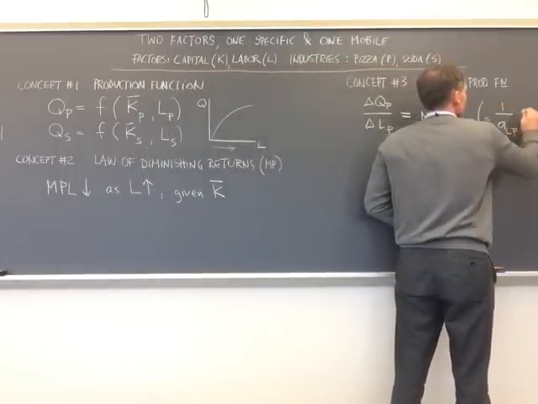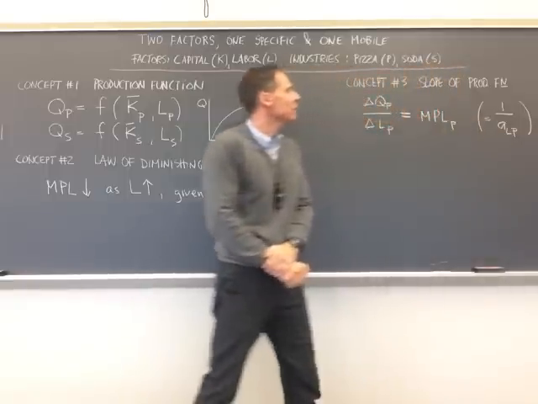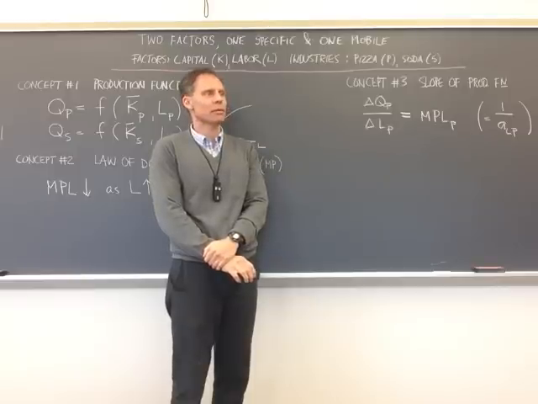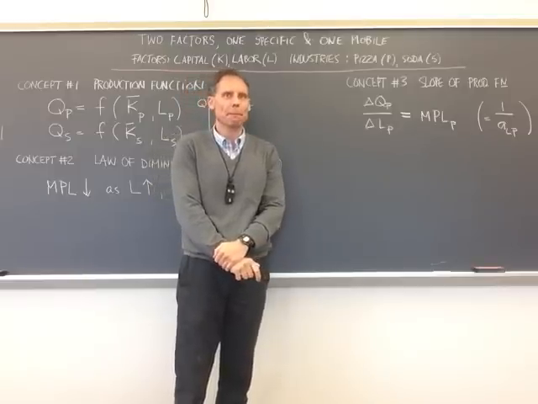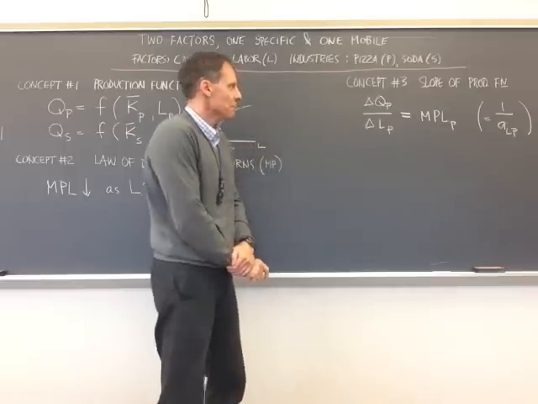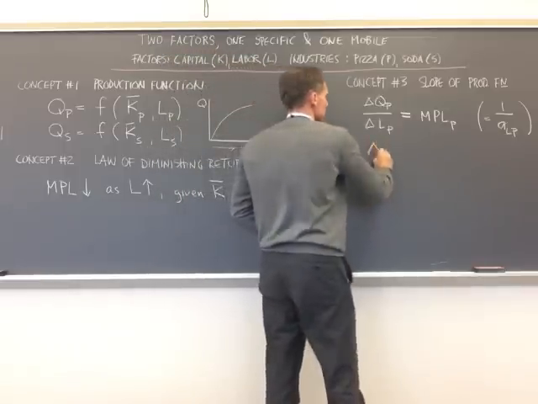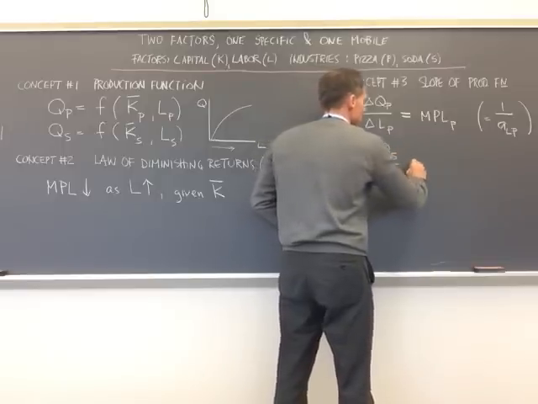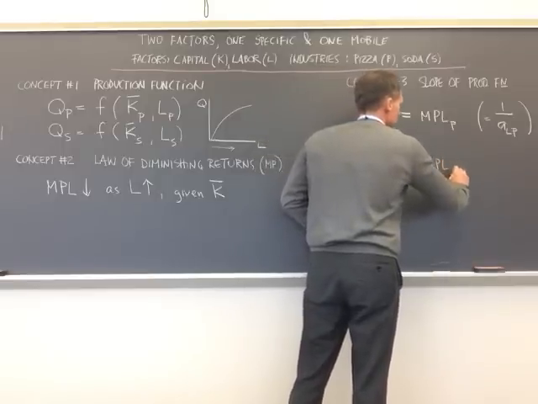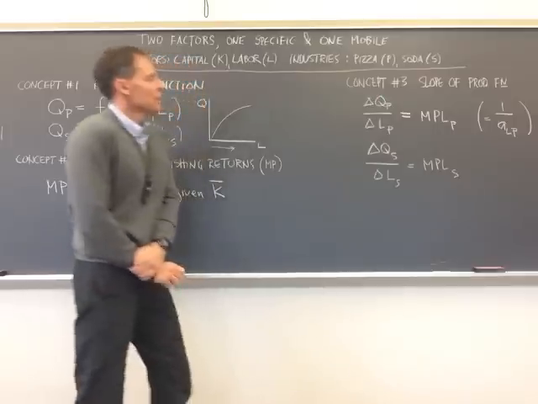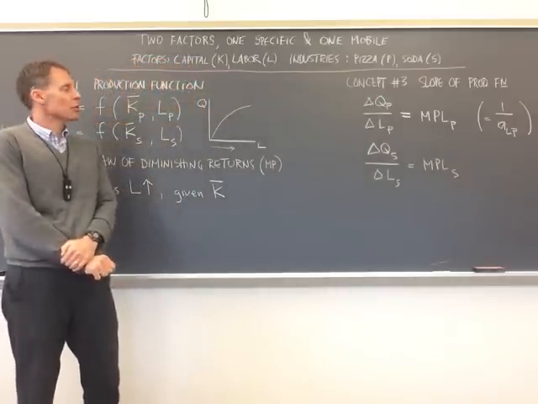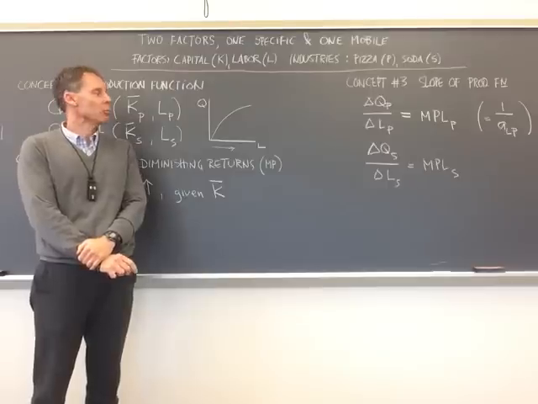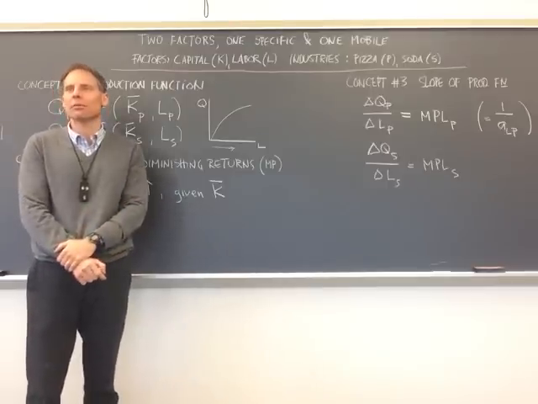If you like to work with unit labor requirements instead, then that would be equal to 1 divided by the unit labor requirement in the pizza industry. And if you added a worker to the soda industry, the increase in output will be equal to the marginal product of labor in the soda industry.